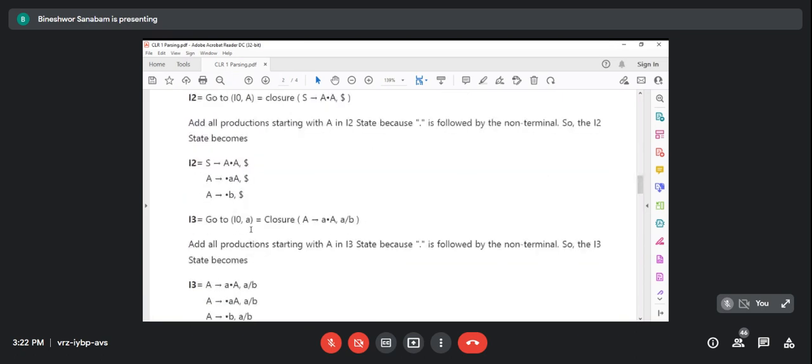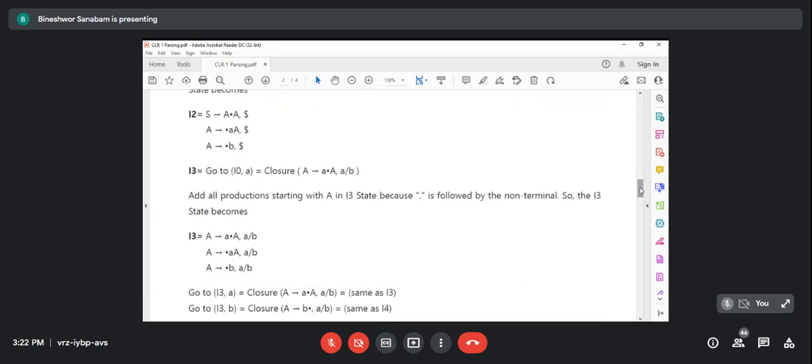Then when we're talking about I3, it goes from I0 to A, which gives the closure of this particular production. As usual, it will have a look ahead. So A implies small a dot capital A. Since you have capital A, you include those two productions, and their look ahead is the same as the previous production. It goes on in this manner.